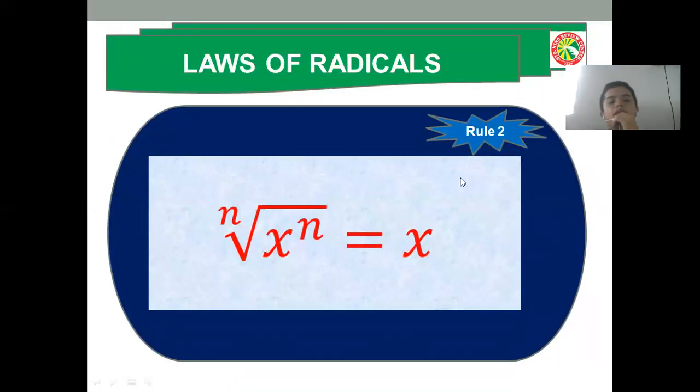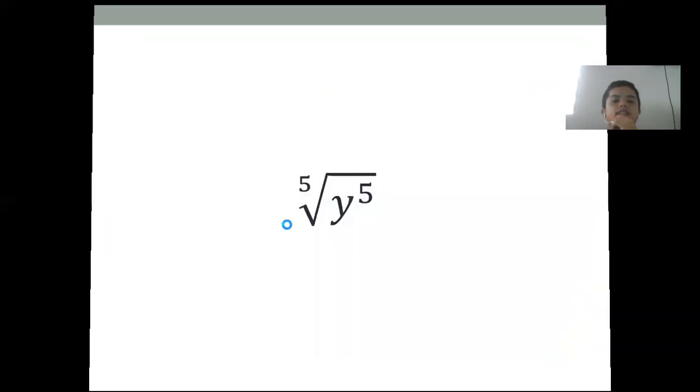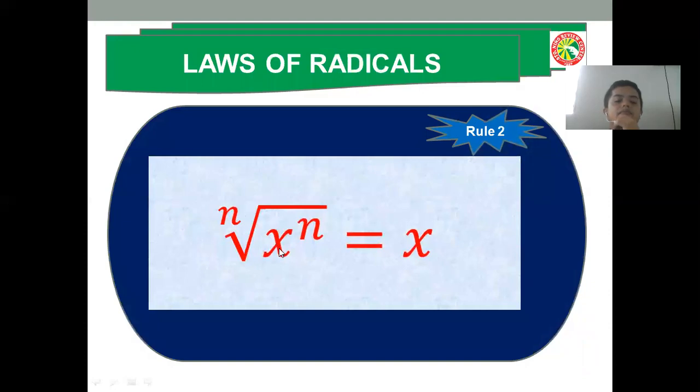Now for rule number 2, or law number 2, as you have noticed in this case, you have x raised to n and n here as the root. It is the same: the exponent of base x is equal to the root.